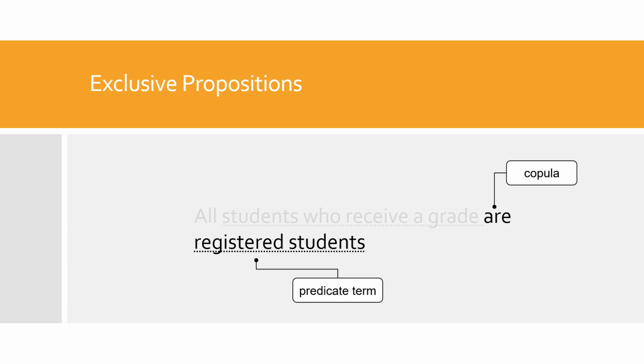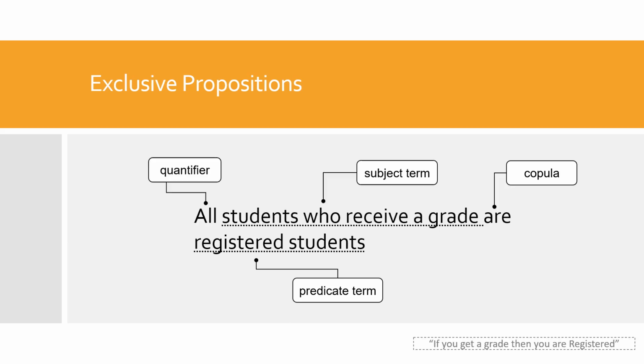Once we know registered students is our predicate, it turns out a copula has to go right behind it. So just stick the copula in and then figure out what your subject term would be as well as your quantifier. And in the end, what we end up with is something like all students who receive a grade are registered students. Another way of putting this, if you want to think about your conditional statements, is basically if you get a grade, then you must have been registered.